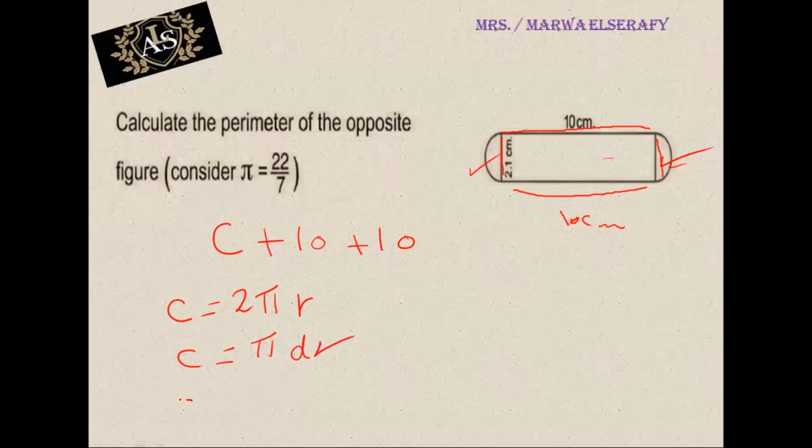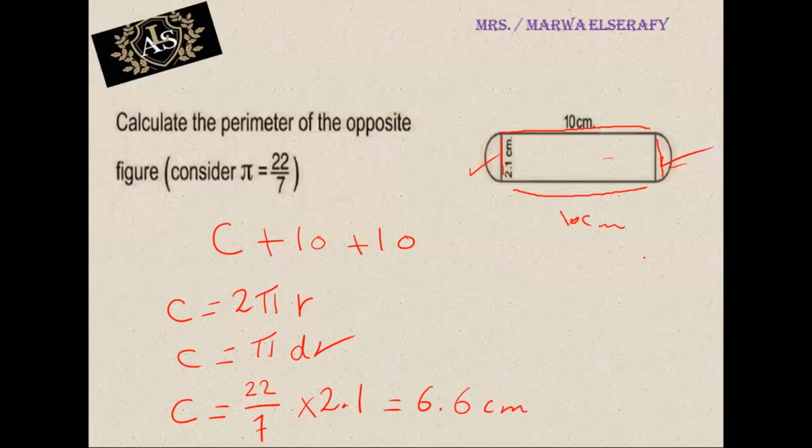So I will write circumference will be equal pi, which equals 22 divided by 7, times d, which equals 2.1. So the circumference will be equal 6.6 centimeter.